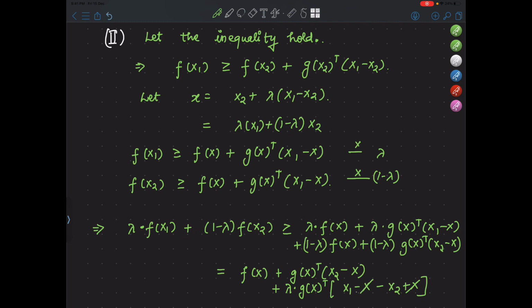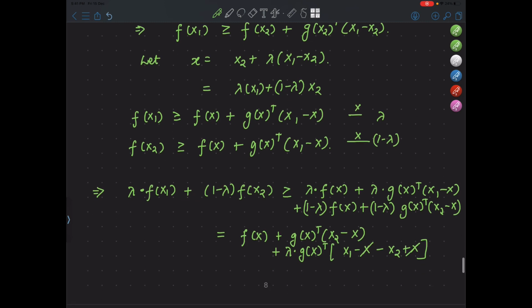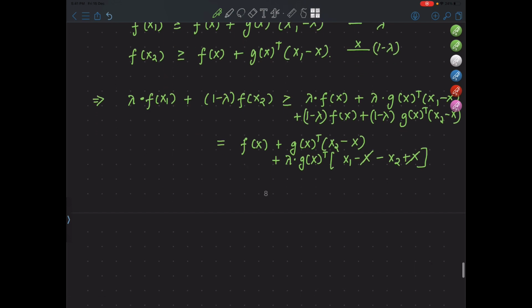So x and x get cancelled, which can be written as f(x) plus g(x) transpose (x2 minus x plus lambda times x1 minus lambda times x2), correct?